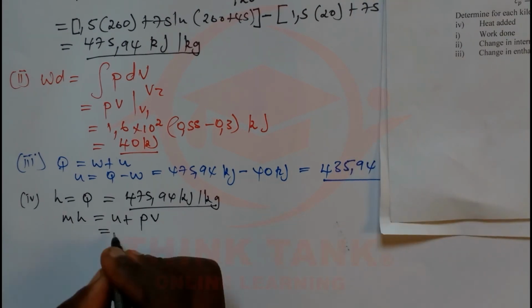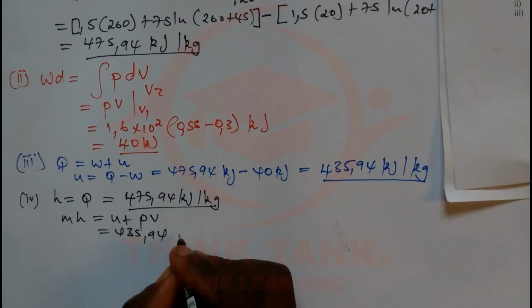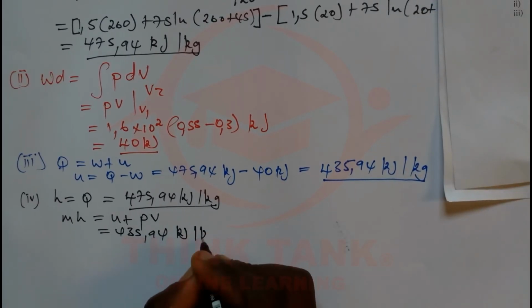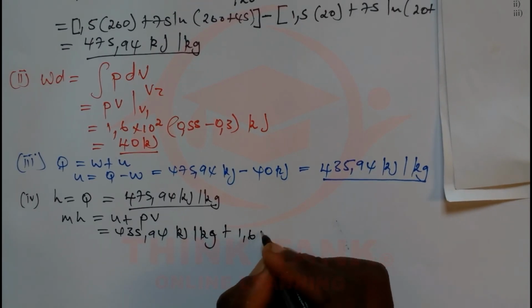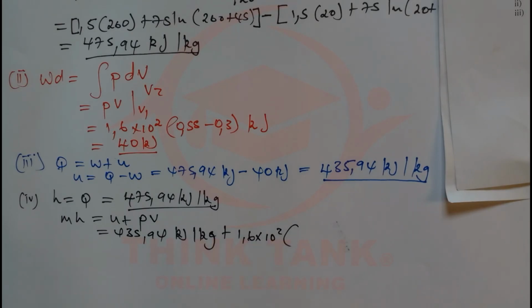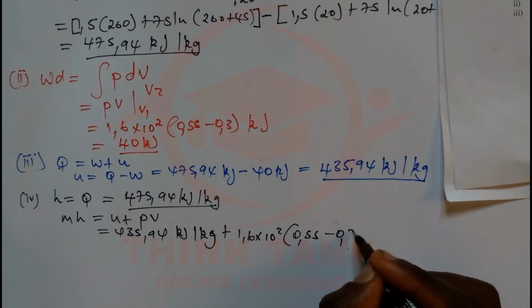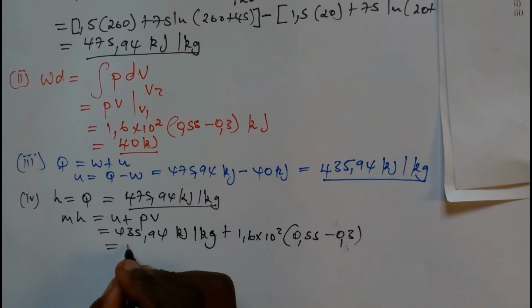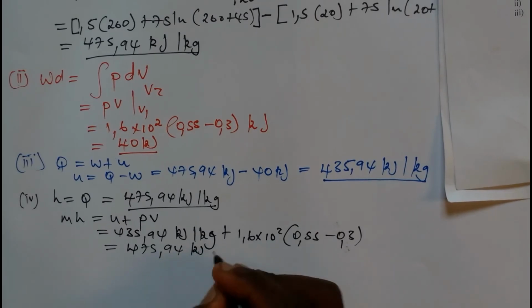The internal energy is 435.94 kilojoules per kg. Now we add pressure, which is constant, 1.6 times 10 to the power 2, multiplied by the volume change, initial and final, 0.55 minus 0.3, and we still get 475.94 kilojoules per kg.